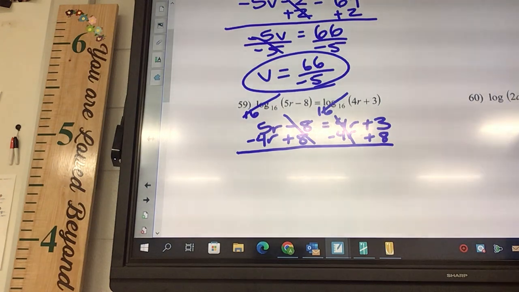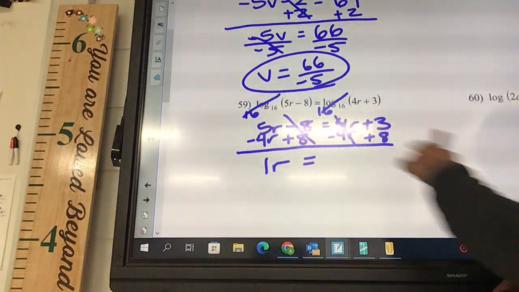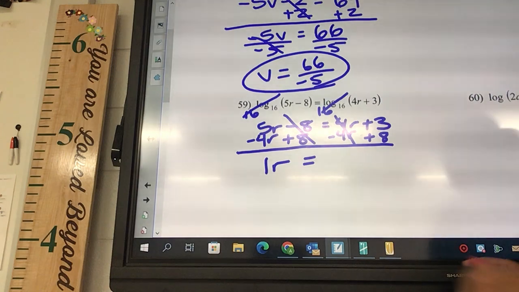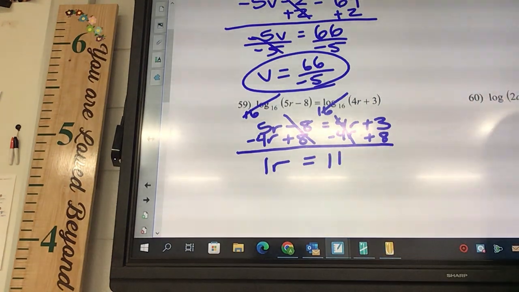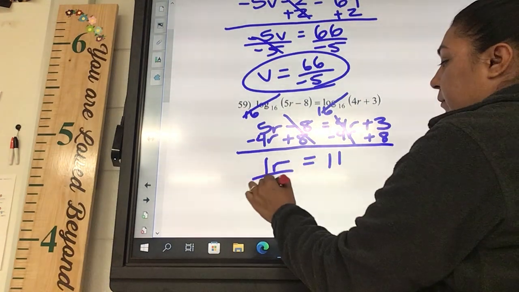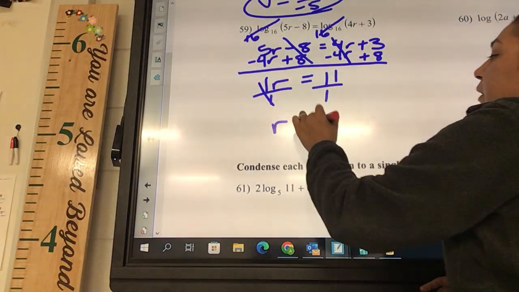Okay, so now it's ready. What is 5 minus 4? 1r equals 3 plus 8. 11. Okay, and then what do we need to do? Divide by 1. That's going to give me 11.